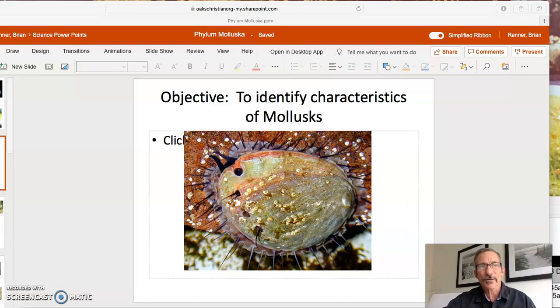So if you take a look here, we've got the objective. Our main job for the day, for the lesson, is to identify characteristics, and as we're doing that, a handful of individual types of mollusks, okay? You might remember this guy right here. We spent actually a full day talking and learning about abalone because it's kind of an important animal in the California coastline. We saw a video of divers harvesting abalone up north of San Francisco a little bit.